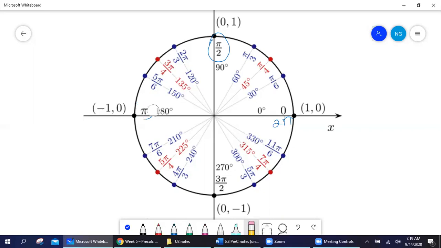The way I teach this is if you can count, you can figure out the radian measures. So here's what I mean. To go from 90 degrees down to 30, I would divide by 3.